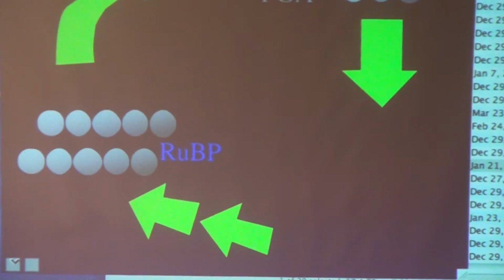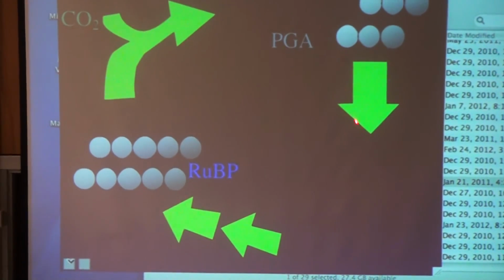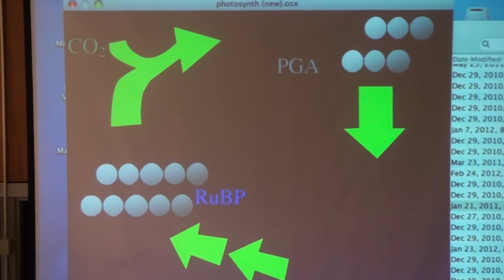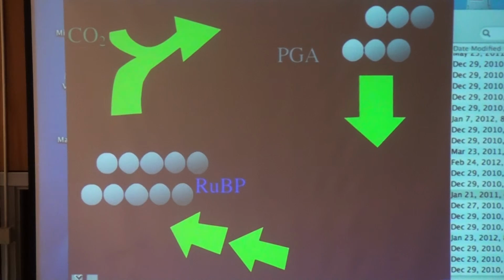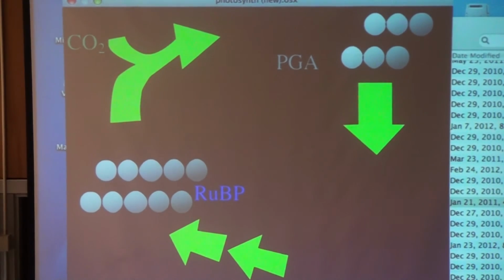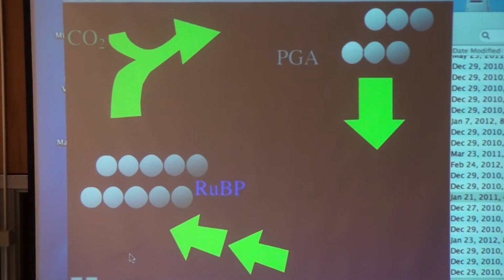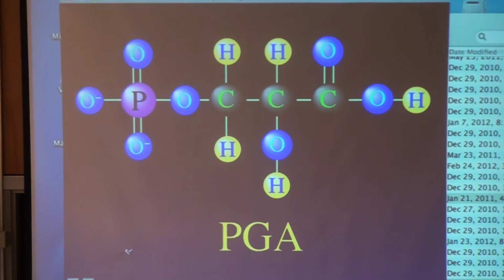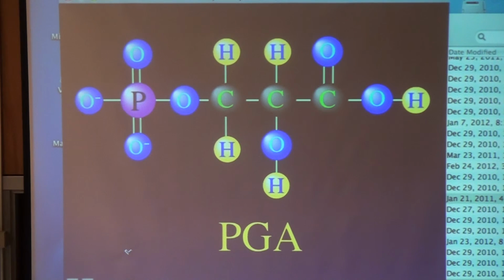All right. The next enzyme is going to take those PGA molecules and, by changing some functional groups on them, change them into PGAL molecules. There you go. Here's a PGA molecule, a phosphoglyceric acid. You don't have to memorize the structure, I'm just showing it to you.